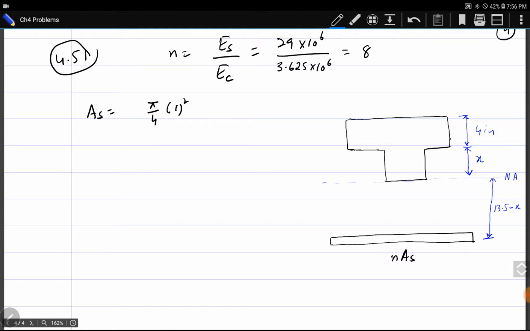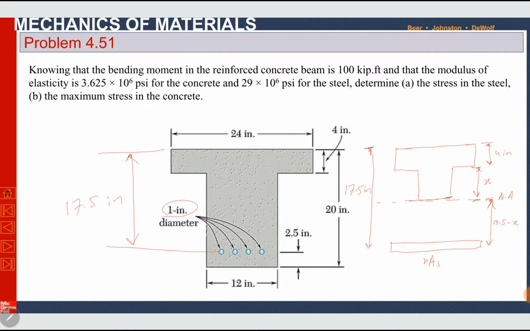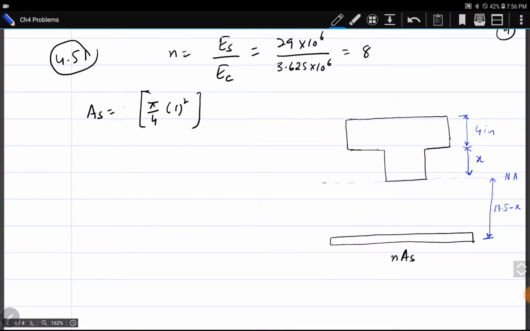This is area of the single rod. Then we have a total of 4 rods here. It is given 1, 2, 3, 4. So we will multiply it with 4. So area of steel becomes 3.1416 square inch.